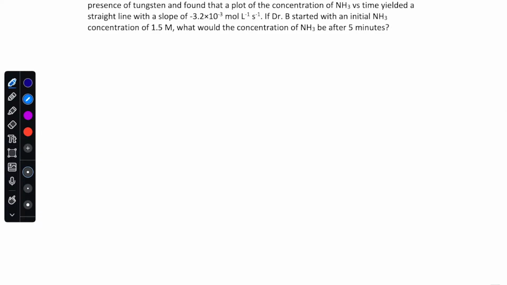All right. We're doing good. Another sheet complete. Question 13. Decomposition of ammonia in the presence of tungsten. A plot of concentration of ammonia versus time yields a straight line with that slope. Okay, so that's going to look like this.